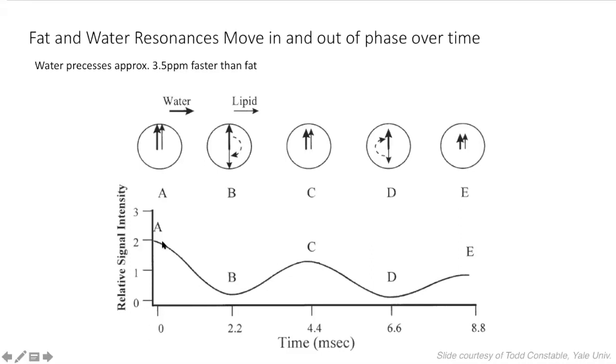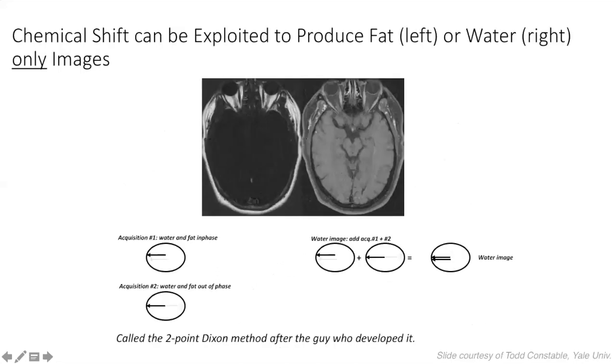So at these different echo times, you can see the fat is in phase with the water, out of phase with the water, in phase, out of phase, and so forth, depending on the time.